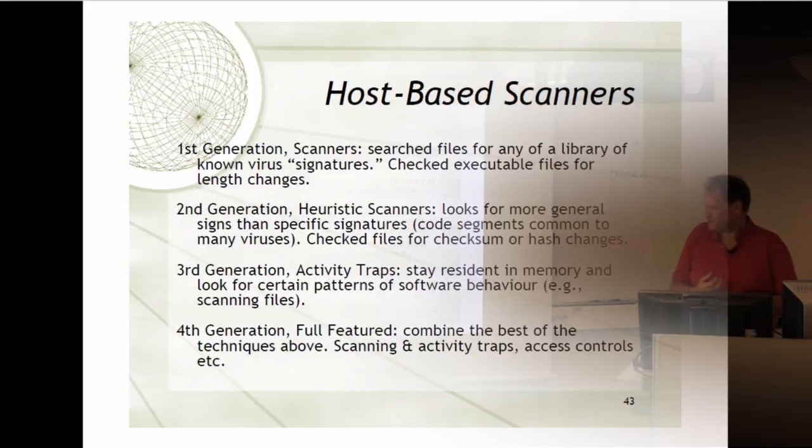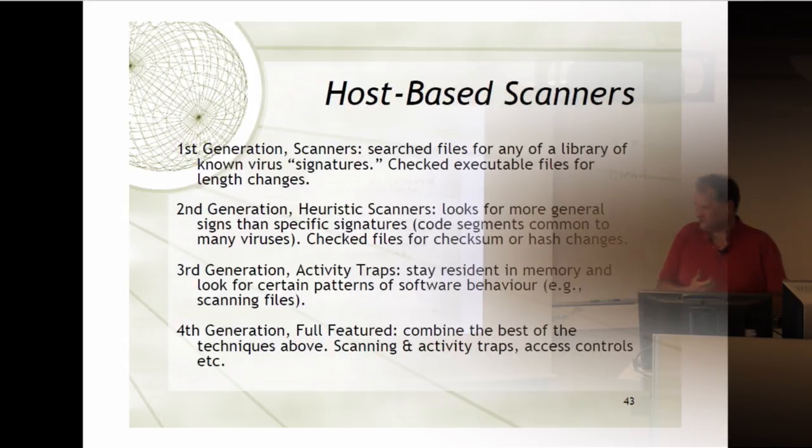The third generation, with activity traps, means that we're not only scanning the hard drive now and then, we're actually resident in the system and checking what is going on all the time. As soon as there is a new network contact, or someone opens up a file, whatever, we are looking at that to see, okay, is this okay or not? Is something malicious here?